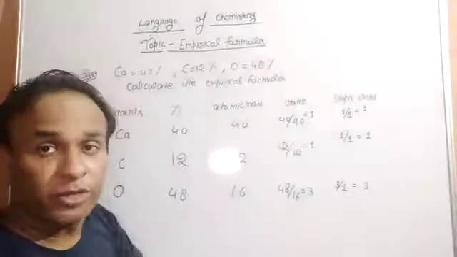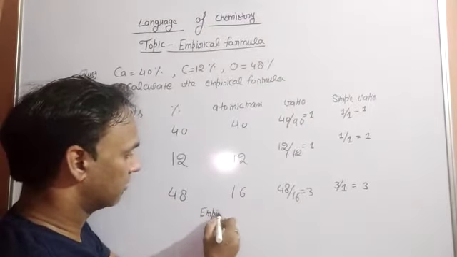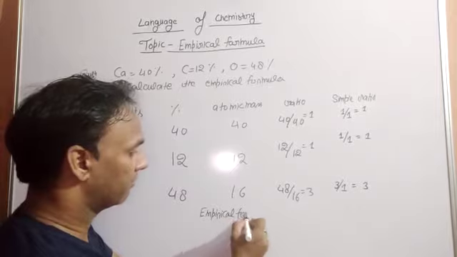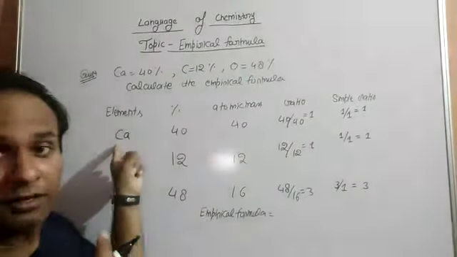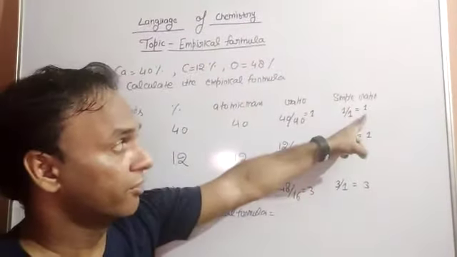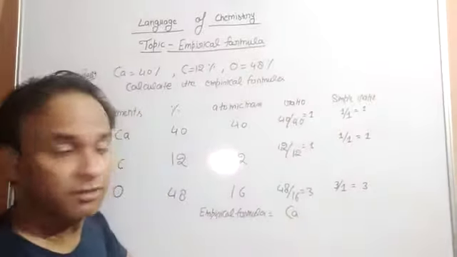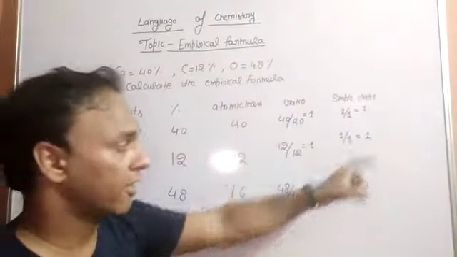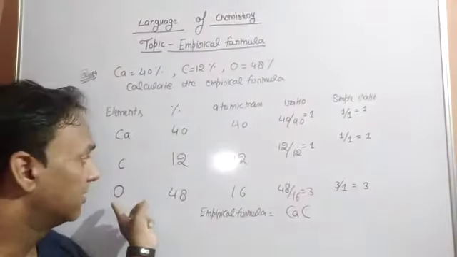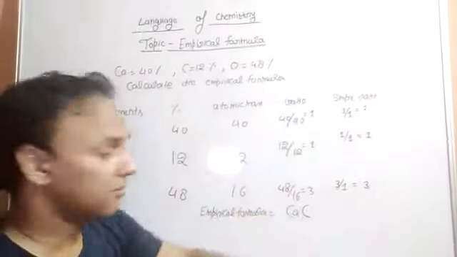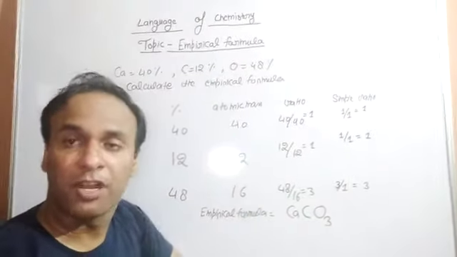Now in order to get the empirical formula, the ratio of calcium is 1, that means Ca1. Similarly carbon 1, and the number of oxygen atoms is 3, that means CaCO3. This is the empirical formula of calcium carbonate.